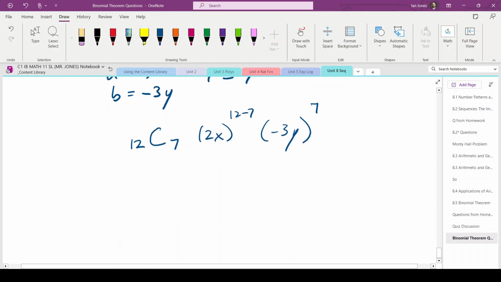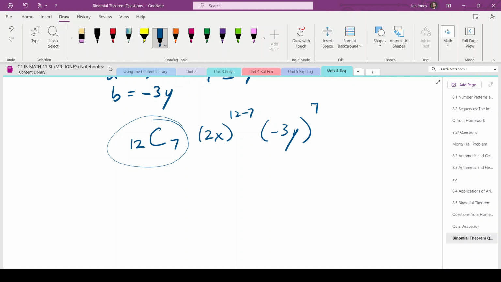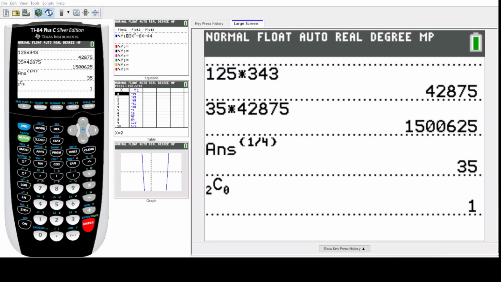Now 12 choose 7 at this point, since I'm just doing one single choose, and since I have a fairly large n, I would either use my graphing calculator or I would use n factorial over r factorial times n minus r factorial. So let's pull up the graphing calculator for the sake of argument.